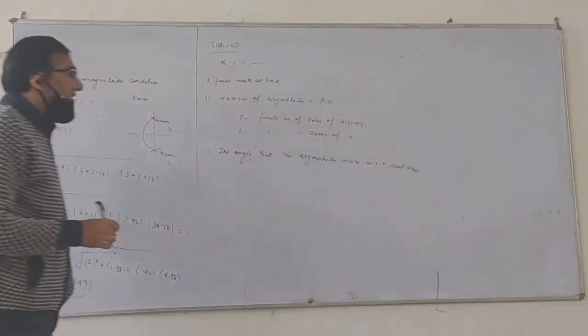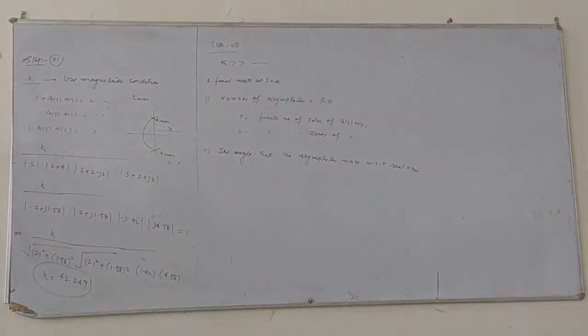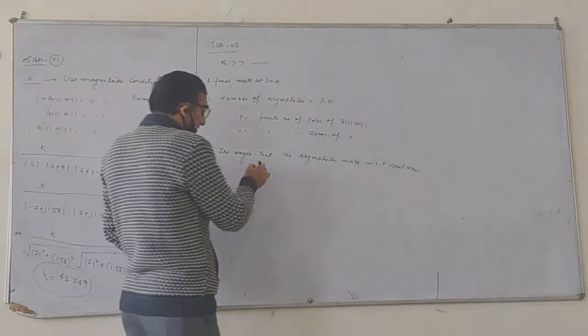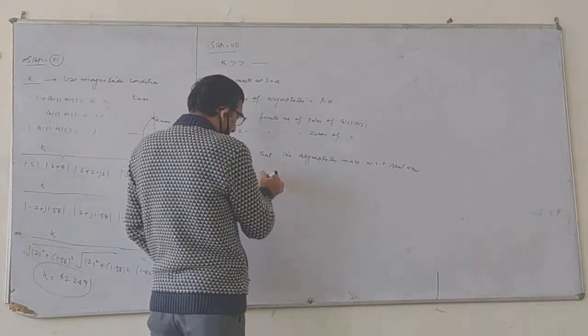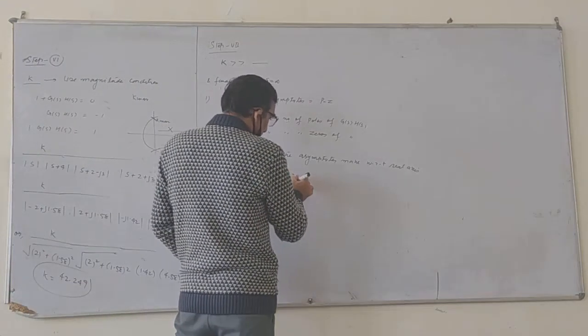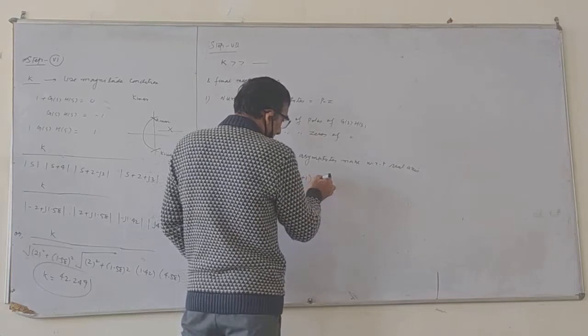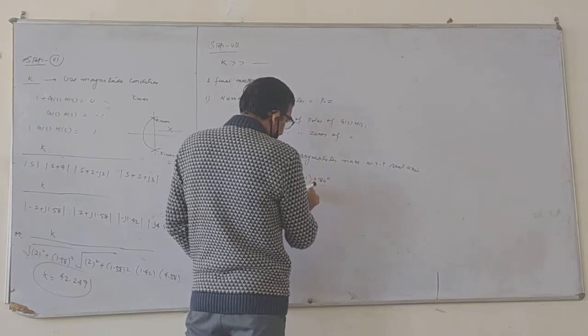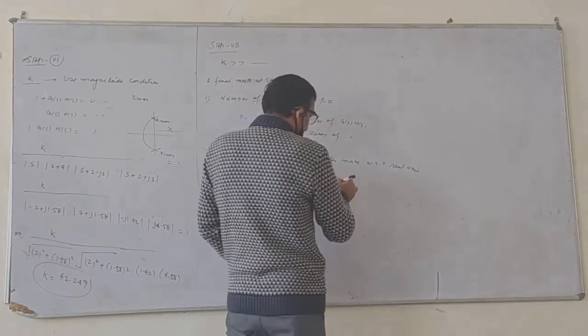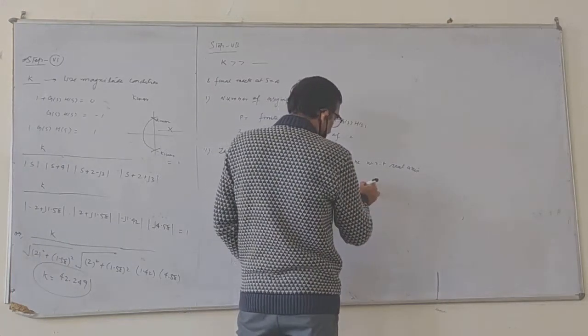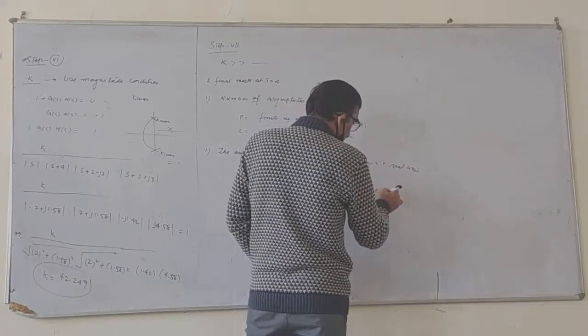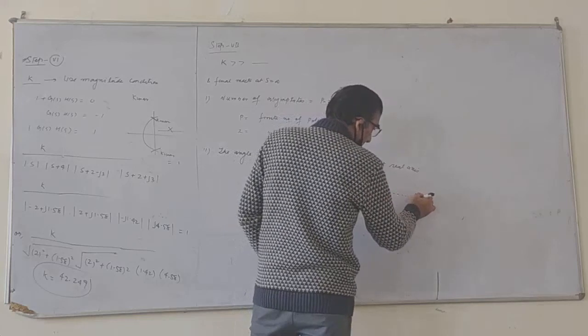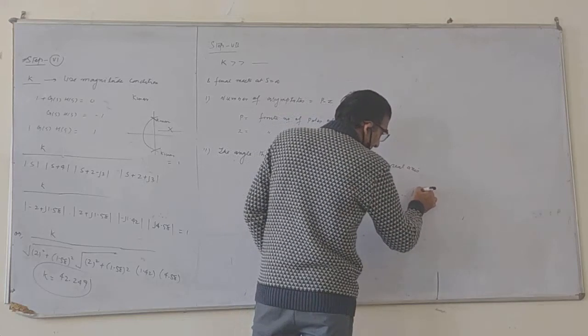You should always remember that this angle, represented by phi A, is equal to (2q plus 1) into 180 degrees divided by P minus Z, where q will vary from 0, 1, 2, and so forth up to P minus Z minus 1. This is very important.